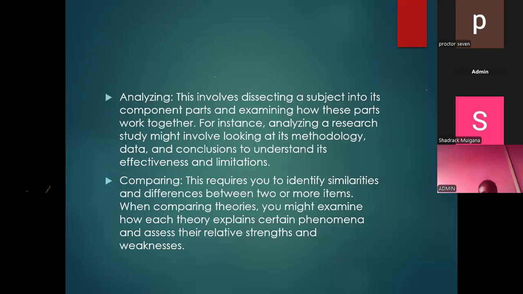One, we do analyzing. This involves dissecting a subject into its component parts and examining how these parts work together. For instance, analyzing a research study might involve looking at its methodology, data, conclusions, understanding its effectiveness. When you are writing a term paper, you are doing analysis because there must be a connection between your topic, the method you use, the objective and the methodology, and then between the objective and the conclusion.